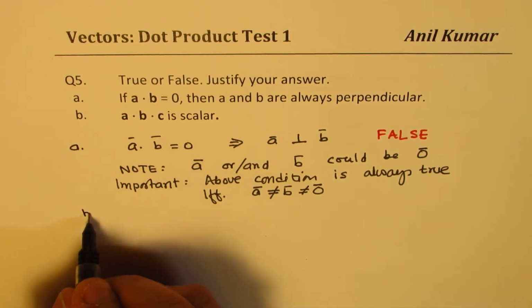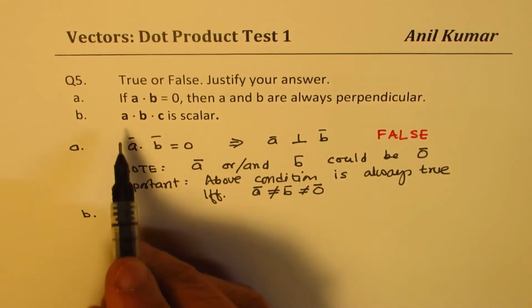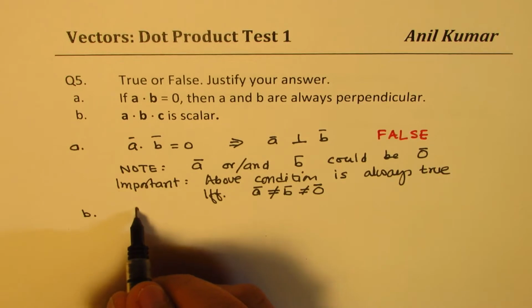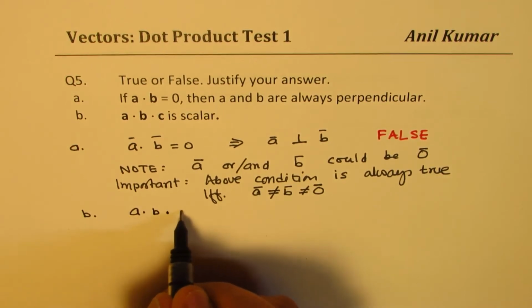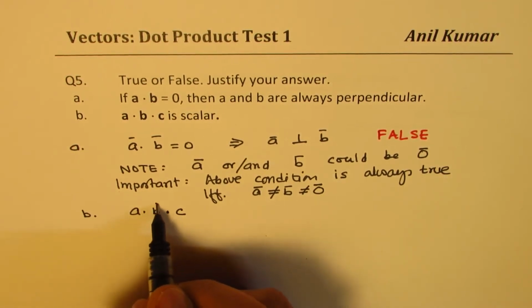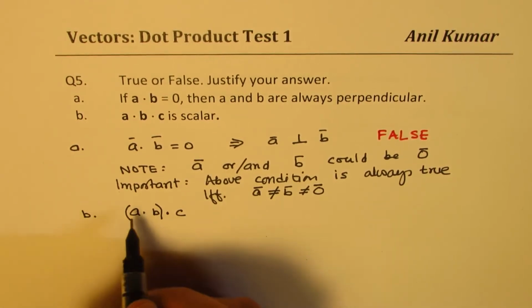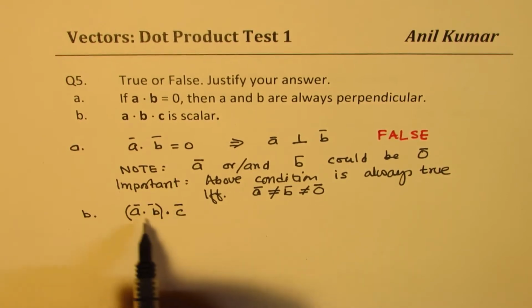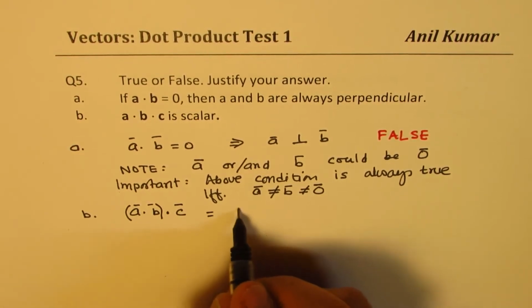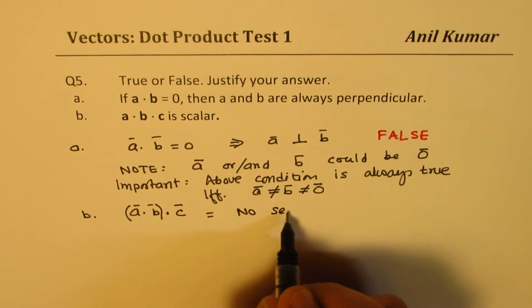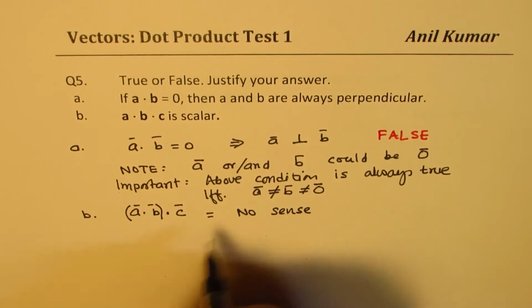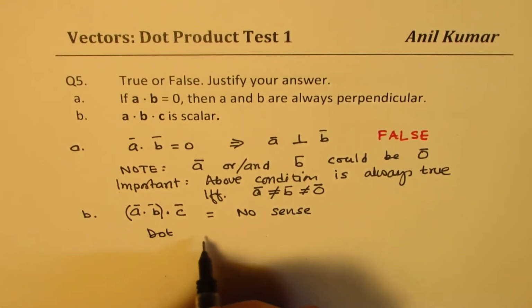Now let's look into part B. What do you think? A dot B dot C, is it a scalar quantity? Well, A dot B is a scalar quantity, but when you have a scalar and a vector, right, so these are all 3 vectors, it makes no sense. Why? Dot product is between 2 vectors.